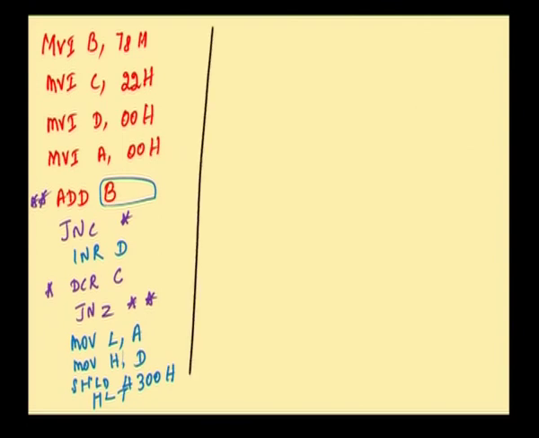Now convert this program into opcode. So MVI B, I will take the same address 4200.